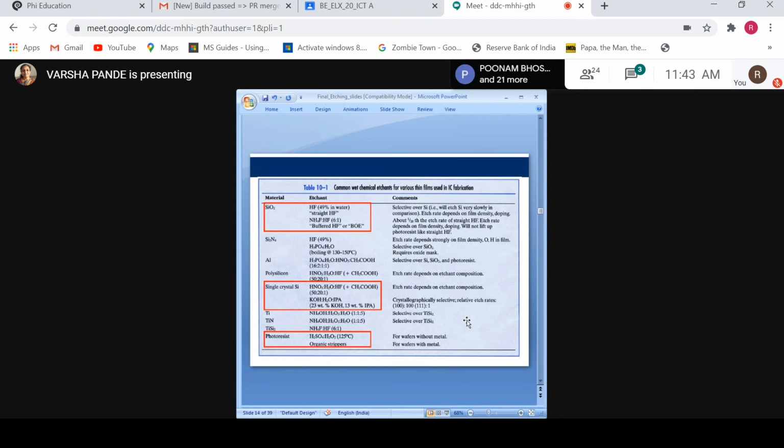Suppose you want to remove silicon dioxide: the first column is the material which we want to remove, the second is the etchant solution, and the third is the comment. Suppose you want to remove the silicon dioxide, you can use hydrofluoric acid 49% in water, meaning near about 50-50%, a 1:1 ratio is taken.